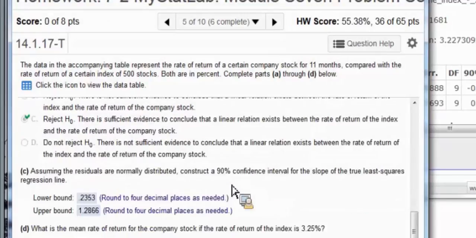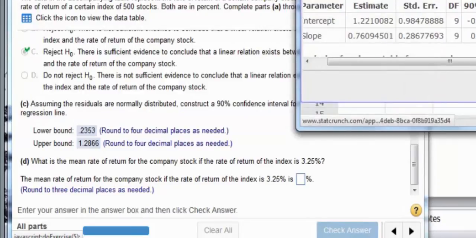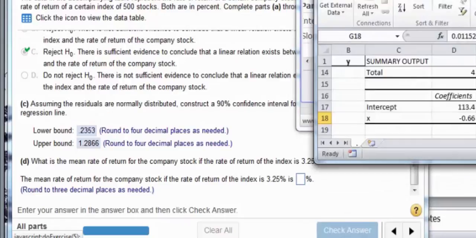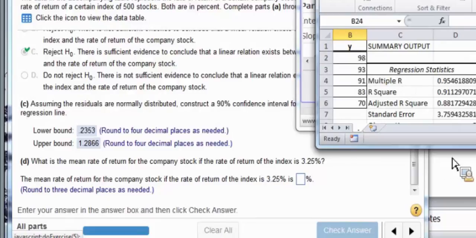Okay, and now the last part. Mean rate if the rate of return is 3.25. So StatCrunch actually can do this for us, or we could just use a calculator, or what I often do, I just use Excel.